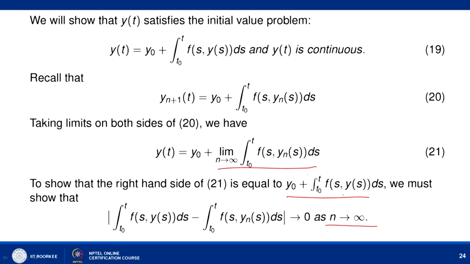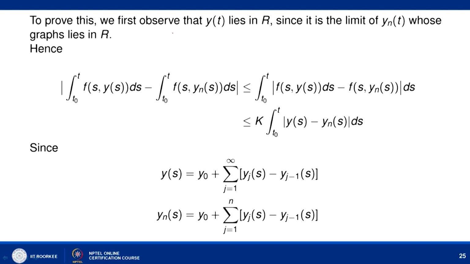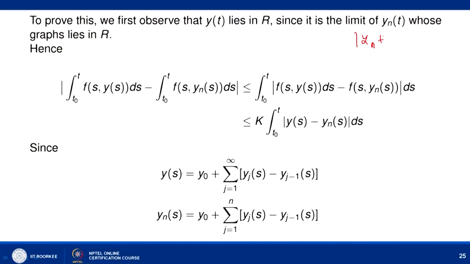So how can we show this? Again we can prove this by observing first of all that y(t) lies in the rectangle R. Since every y_n(t) lies in this rectangle R, we know that |y_n(t) - y_0| is less than or equal to M|t - t_0|, and if you take the limit n tending to infinity, this implies that |y(t) - y_0| will also satisfy the condition, so y(t) will also belong to the rectangle R. Now look at this quantity: the modulus of the integral from t_0 to t of f(s, y(s)) ds minus the integral of f(s, y_n(s)) ds. It is less than the integral from t_0 to t of the modulus of this quantity, and here we can apply either the Lipschitz condition or the boundedness of the partial derivative of f.